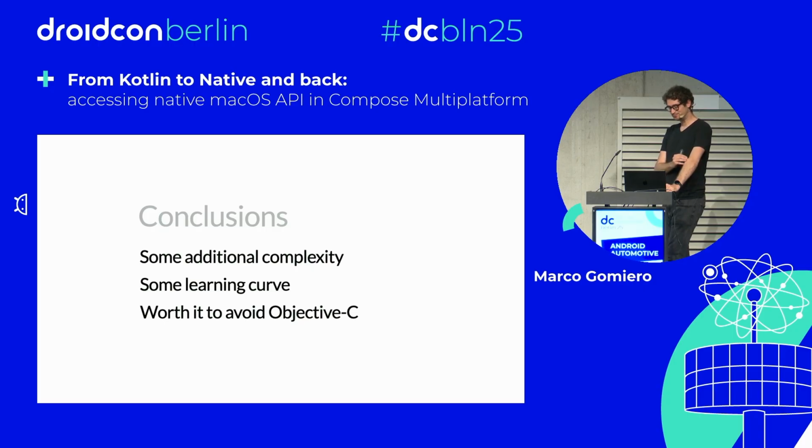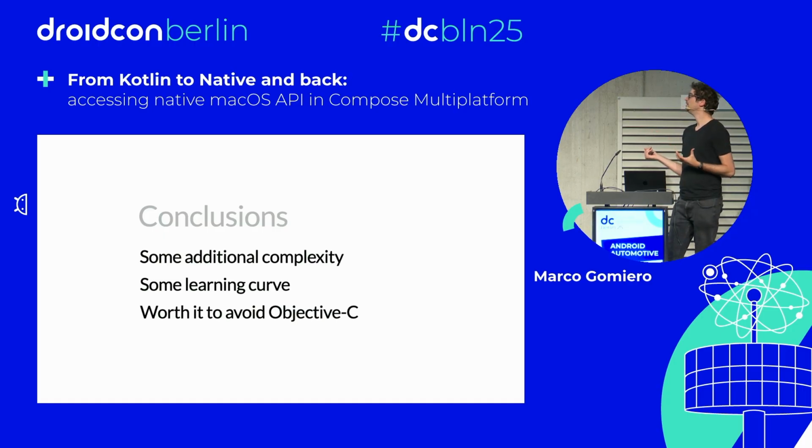But after you dealt with this thing, then you can have the full power to just be able to connect the dots and go above and beyond the JVM, and then access whatever native APIs you want to access.